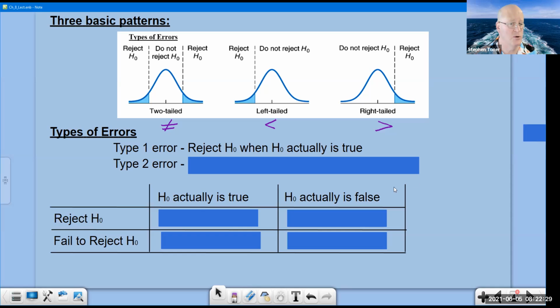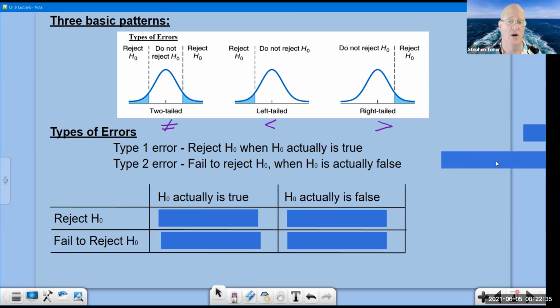And a type 2 error is where we agree with the null hypothesis. We don't reject it when actually H0 is false. We say, I wish I had enough evidence to really say that they were gypping us our raisins, but you know what, I don't feel comfortable with it. I'm going to just say, you know what, you're giving us the 300 raisins, and then oops, they really were giving us less raisins.